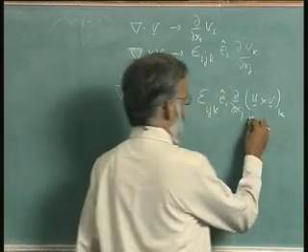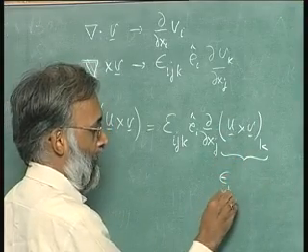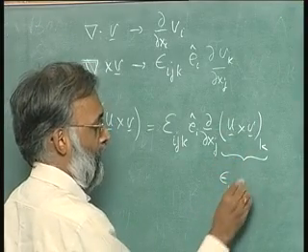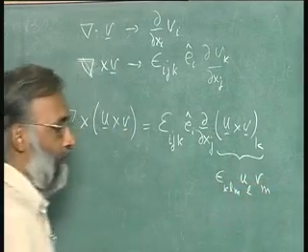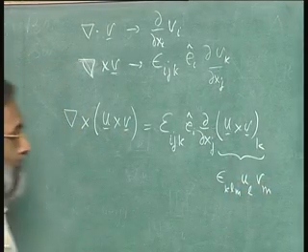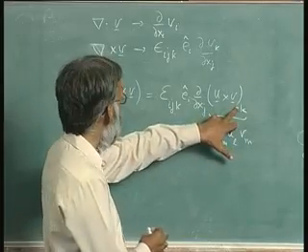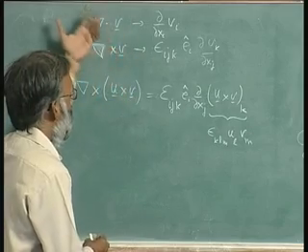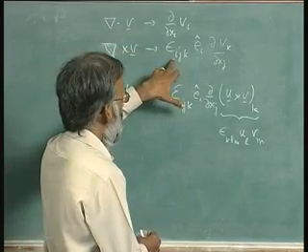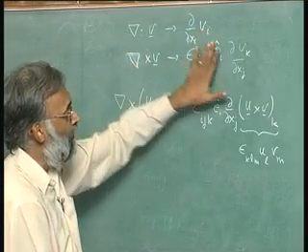But this itself is epsilon klm ul vm. The kth component of any cross product is epsilon ijk, and you suppress the ei because you want the ith component.